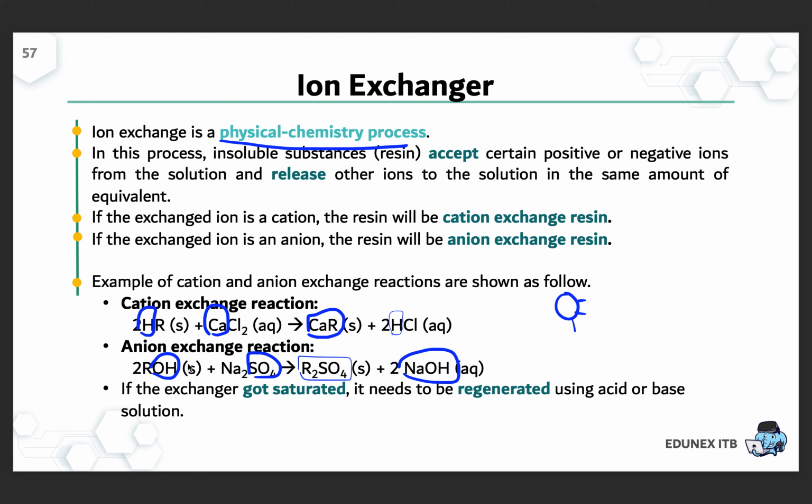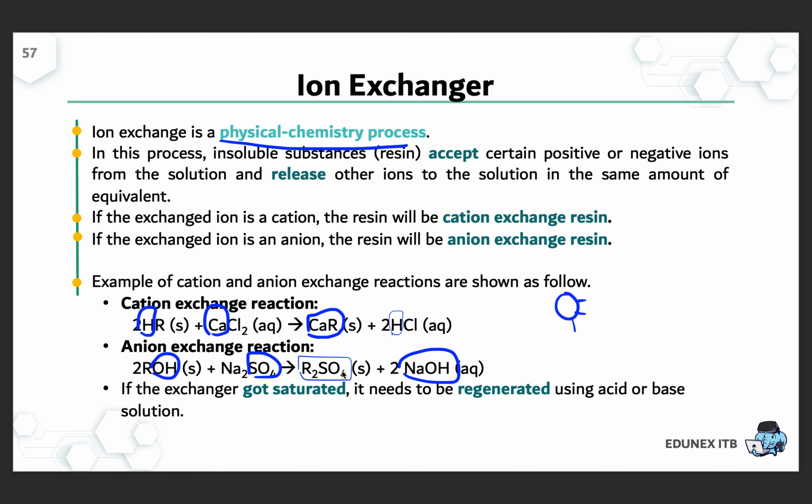And the anion exchange resin, of course it's clear as well, we exchange the anion. If the resin contains hydroxides and is contacted with some salts in the water, the anion will be exchanged. So now the water will contain sodium hydroxide instead of sodium sulfate. The sulfate itself will be retained by the resin.